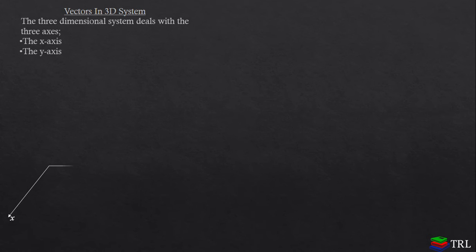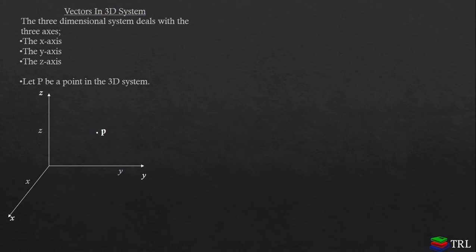Now looking at the vectors in the 3-dimensional systems, the 3-dimensional system deals with the 3 axes, that is the x-axis, the y-axis, and the z-axis. Now let P be a point in the 3-dimensional system. This means that P is going to have coordinate x, y, and z.